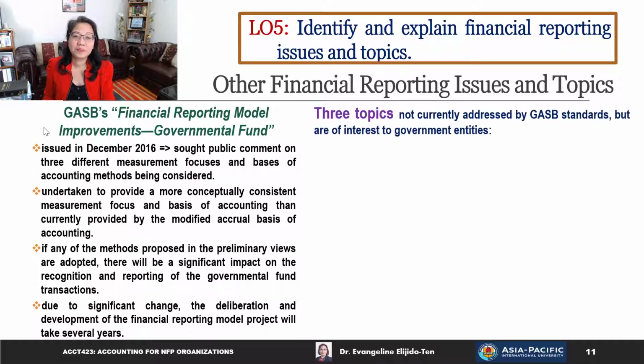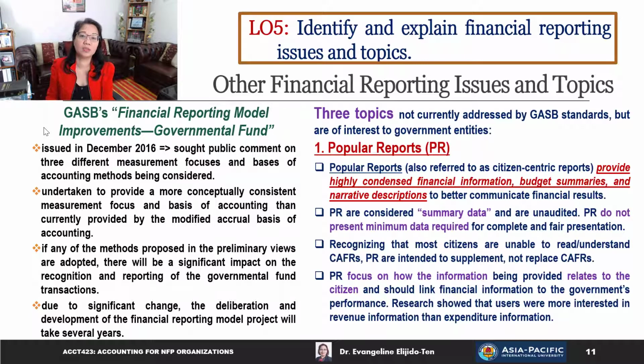All right. Now let's look at other topics or reporting issues. There are 3 main topics that are not currently addressed by GASB standards but are of interest to government entities. The first one has to do with popular reports. What are popular reports?